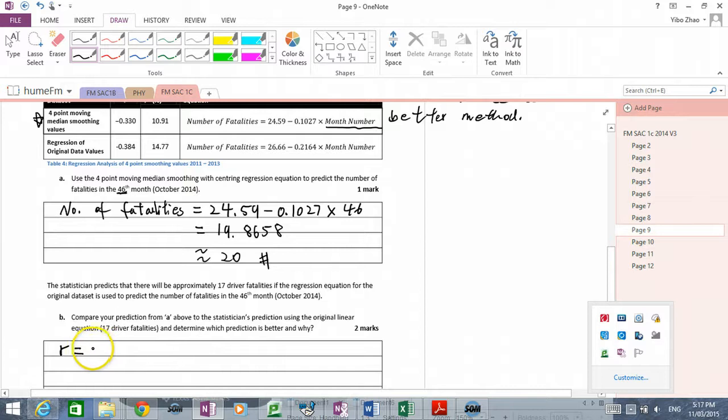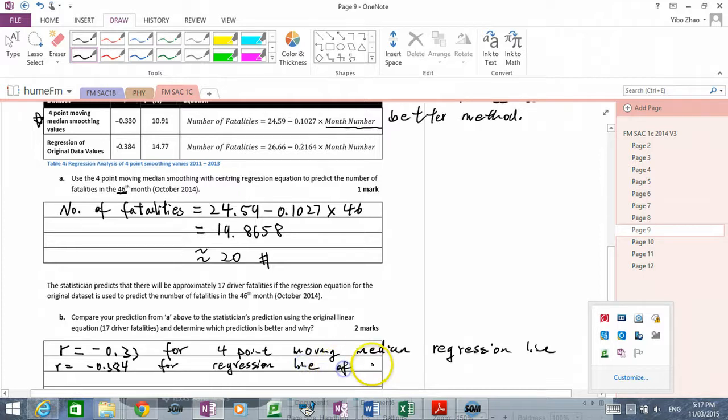The R value is minus 0.33 for the 4-point moving median regression line. The R value is going to be minus 0.384 for the regression line of original data.